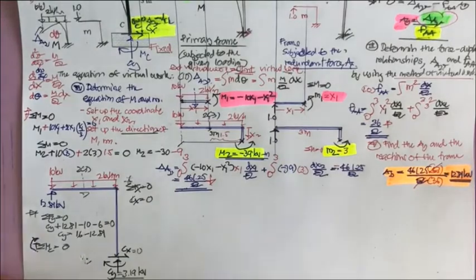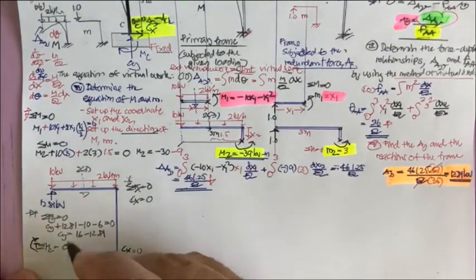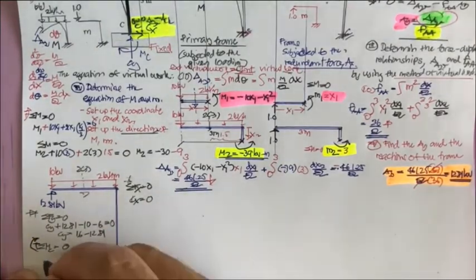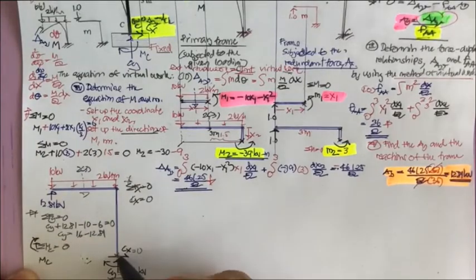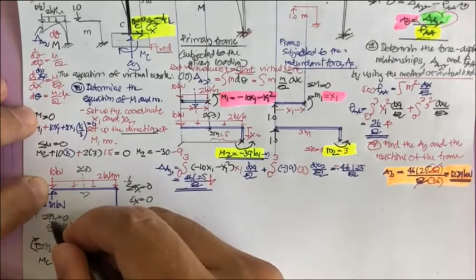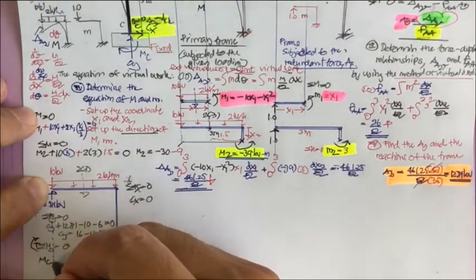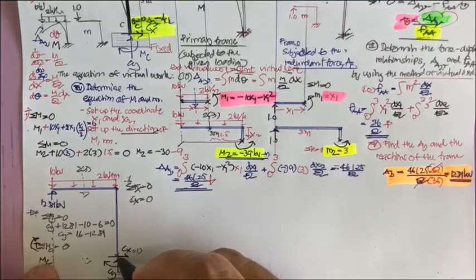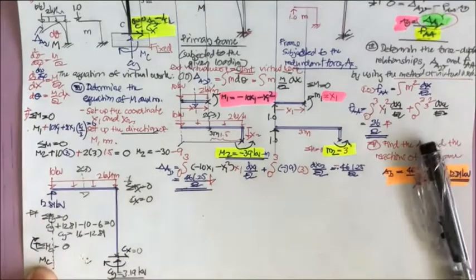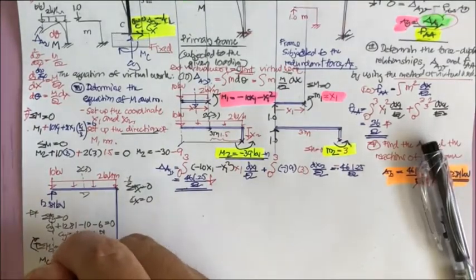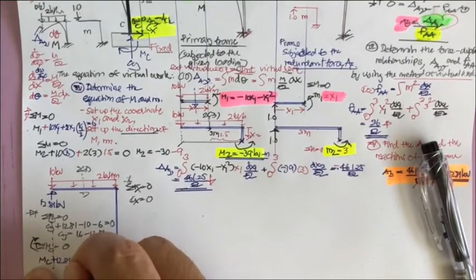So your M sub C is clockwise. And this one also produces the clockwise direction. This one is going to have times 3, so plus 12.81 times 3.